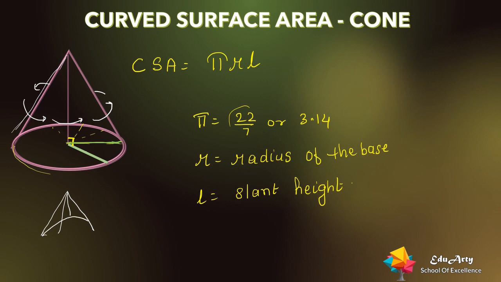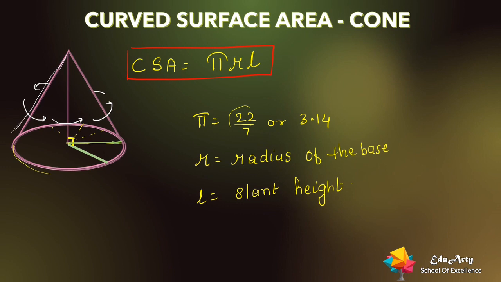So the cap will look like this. So curved surface area is this portion, not the base, only the portion which is used to create that triangle, correct? The cone part, that is the curved surface area. So to find the curved surface area, we use CSA equal to pi r L, correct? We will do the sums and you will be able to get it when we do it more.